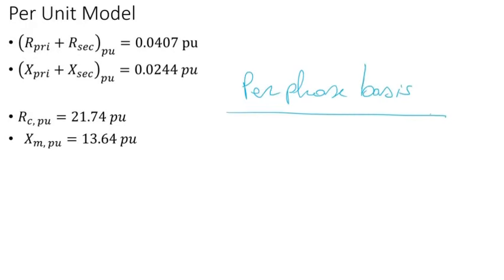So now one way we can represent this is on a per phase basis model, which means I'm just assuming one phase.